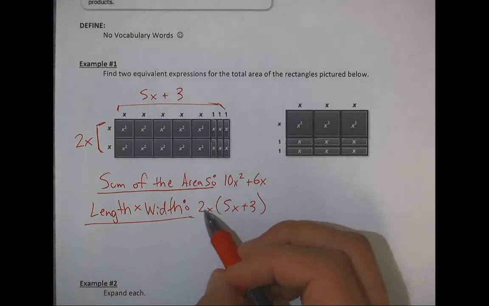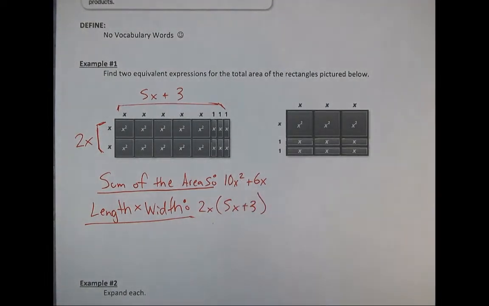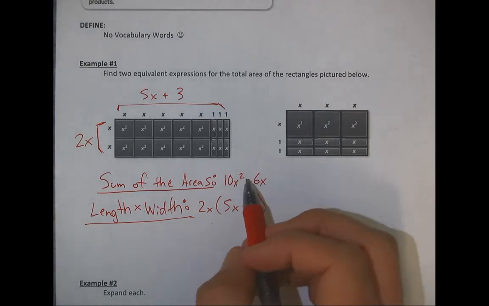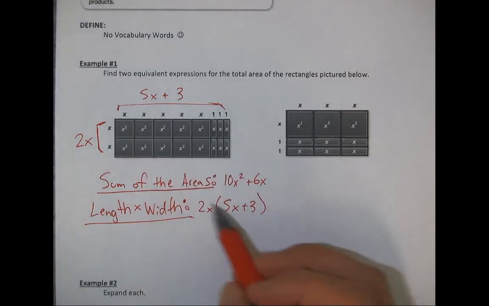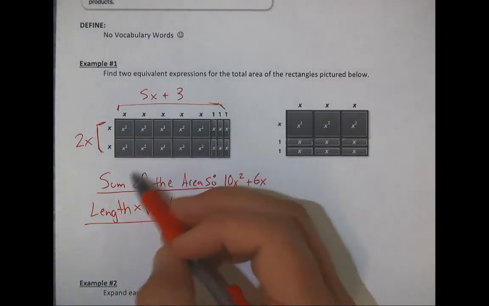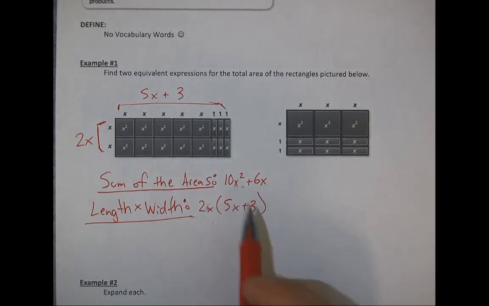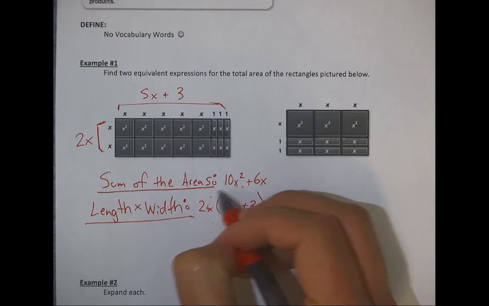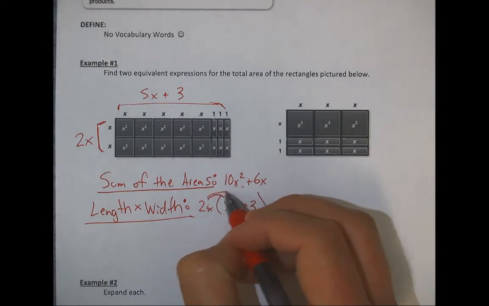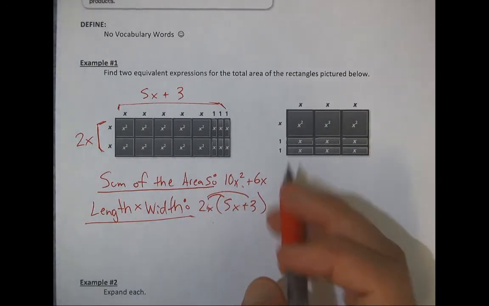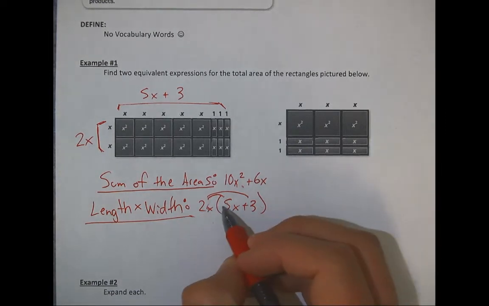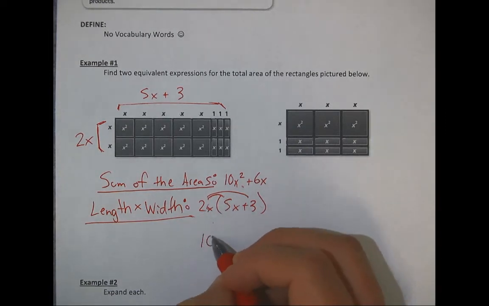So we look at these, which are supposed to represent the same thing. This is the area represented as a sum. This is the area represented as a product, or length times width. So if I simplify this, I should get this. And so we're going to distribute here. And this is called multiplying a monomial and a polynomial. When I multiply 2x and 5x, it's 10.